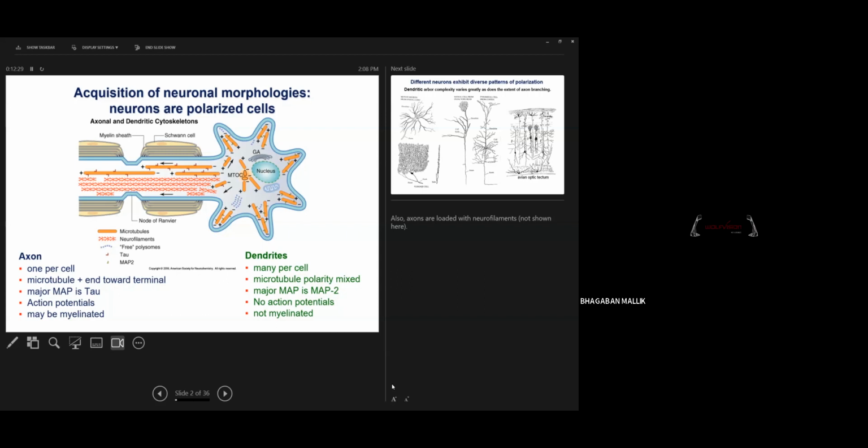You have ribosomes present in the cell body, and a microtubule organizing center which organizes the microtubules. You have many dendrites per cell, and the major protein in the cell body is microtubule associated protein 2, MAP2. The cell body doesn't generate action potential, and it is non-myelinated.